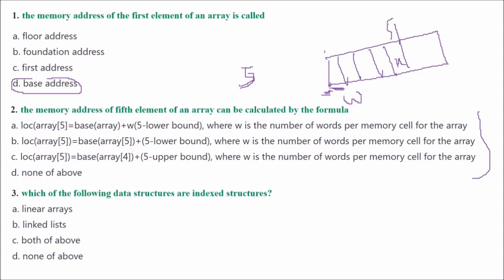So the answer would be A. The location of array element 5 equals the base of the array plus W into 5 minus the lower bound, and W is the number of words per memory cell for the array.